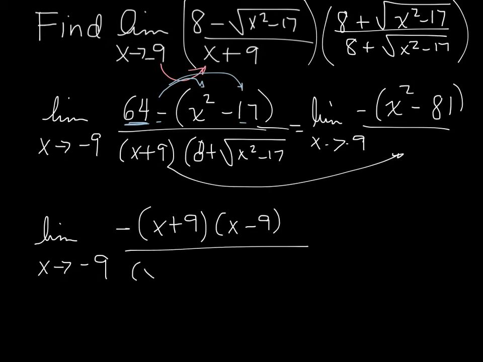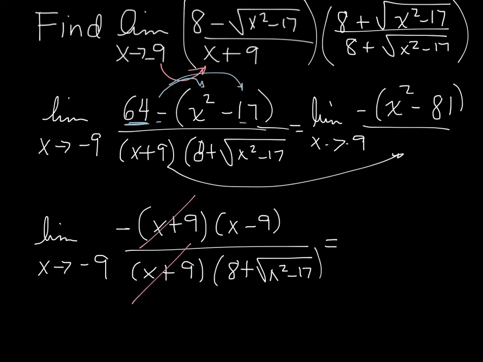And then on the bottom, I have this x plus 9, and then 8 plus square root of x squared minus 17. Well, now I'm home free because that's going to cancel. And since that cancels, I can now plug in my negative 9.